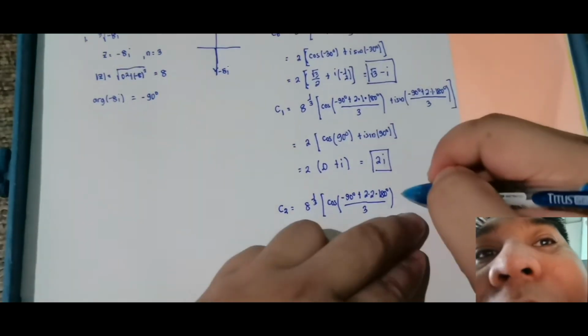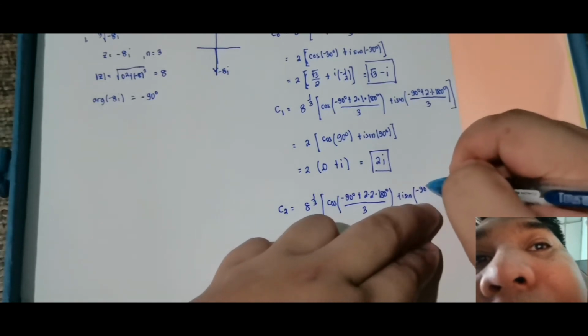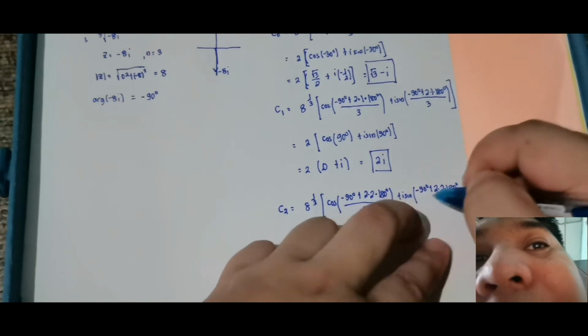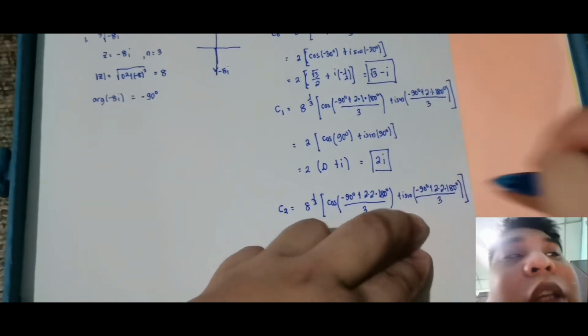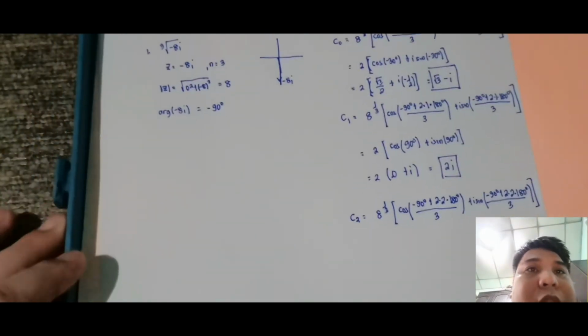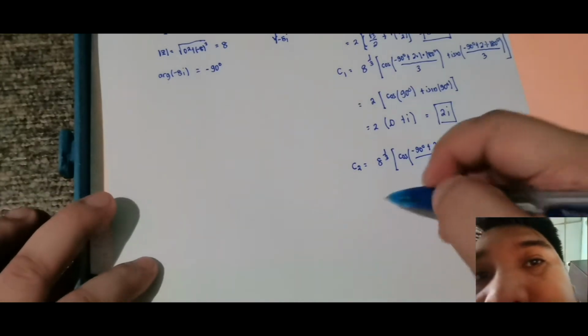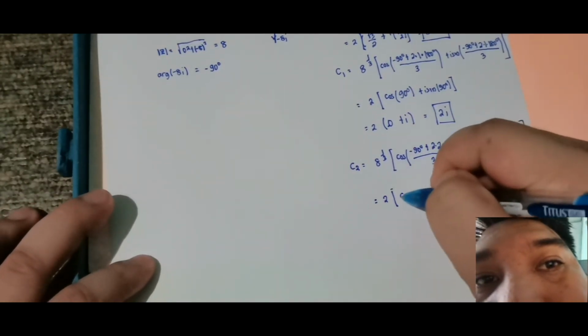Okay, this is plus i sine ng negative 90 degrees plus 2 times 180 degrees all over 3. So again, hindi fiction tree ha. Nakadepende yan kung ano yung hinahanap ko niya. Cube root, cube yan. Okay, next, this is equivalent sa 2 multiplied by cosine.